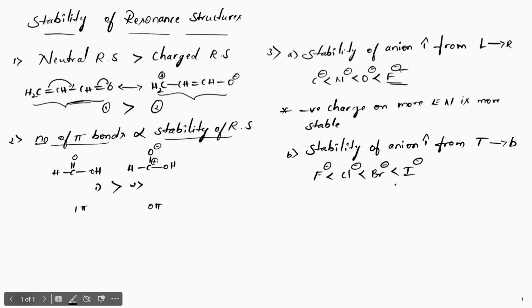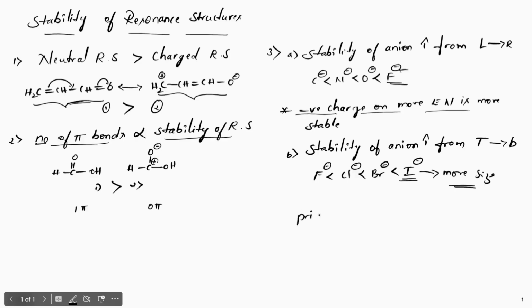In this case, I minus is more stable because of its more size. Stability of anion increases from top to bottom because of increase in the size down the group. Priority should be given to the negative charge on the more electronegative atom.